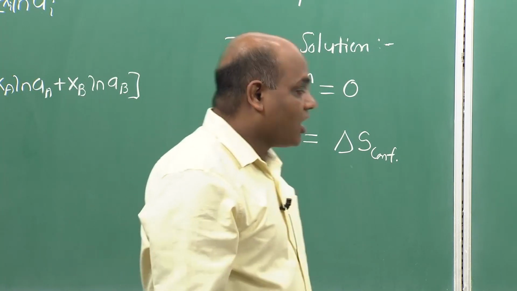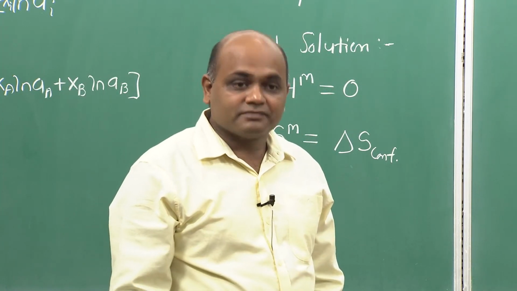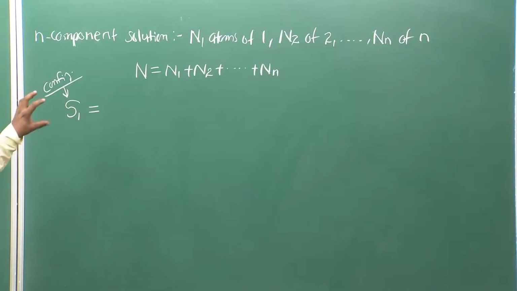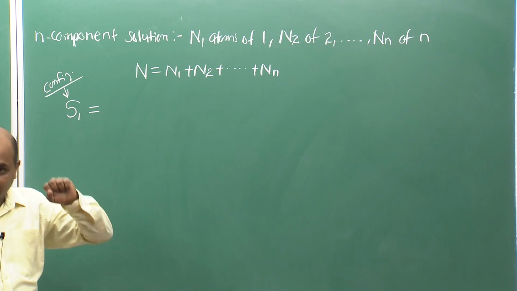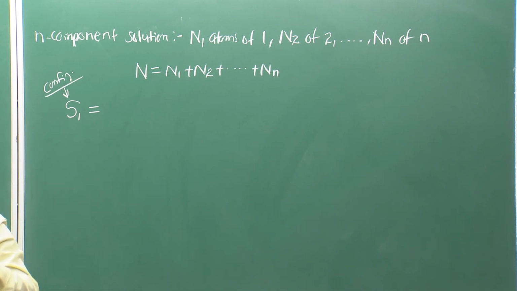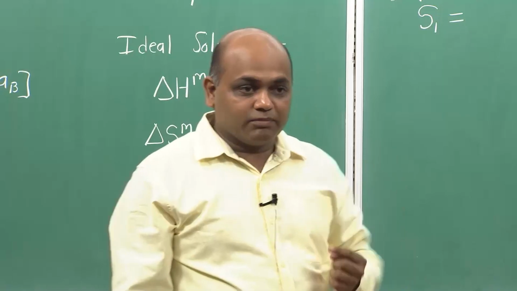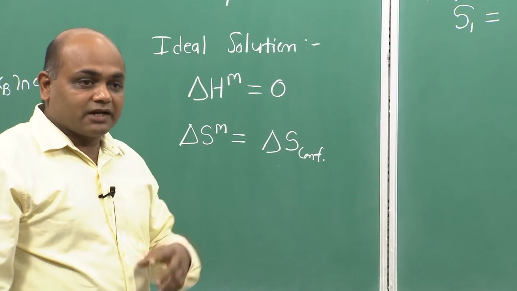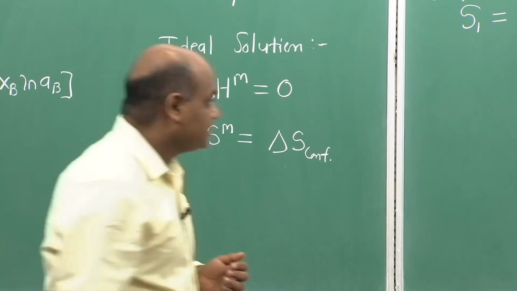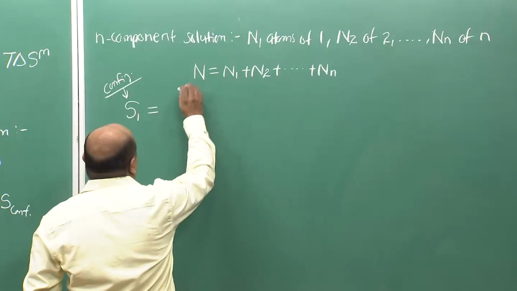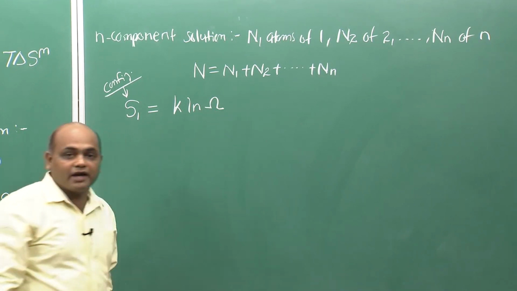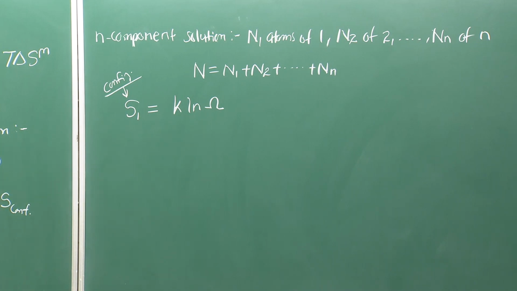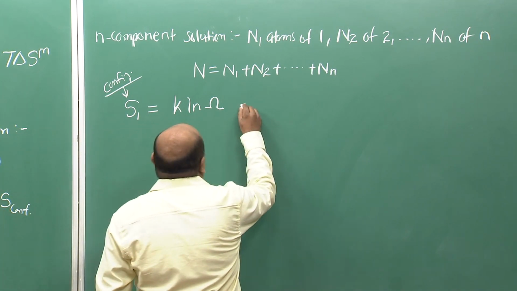What should be the entropy of the system before mixing? 0, right. So, how many configurations are available? We know all 1 atoms are on lattice of 1, all 2 atoms are on lattice of 2 and so on, and all 1 atoms are identical, all 2 atoms are identical, all 3 atoms are identical. So, there is only one possible way in which these atoms can be arranged before mixing. So, by Boltzmann equation we know S1 is k ln omega, omega is the number of configurations possible and omega here is 1.